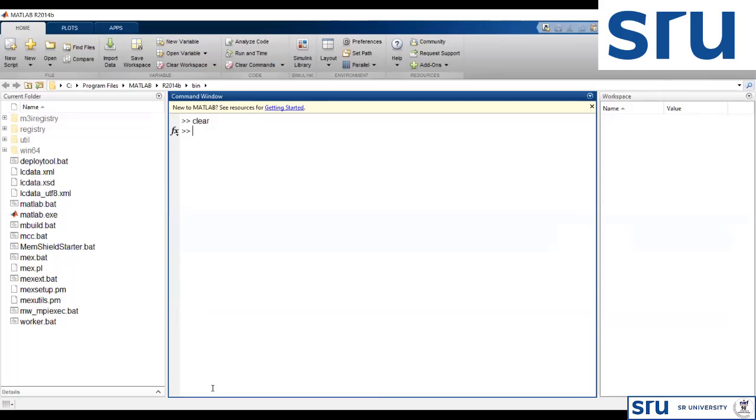Can anyone tell me, to find the minimum value of a function, what command do you have to use in MATLAB? Yes. x equals fminbnd, then function comma x1 comma x2.